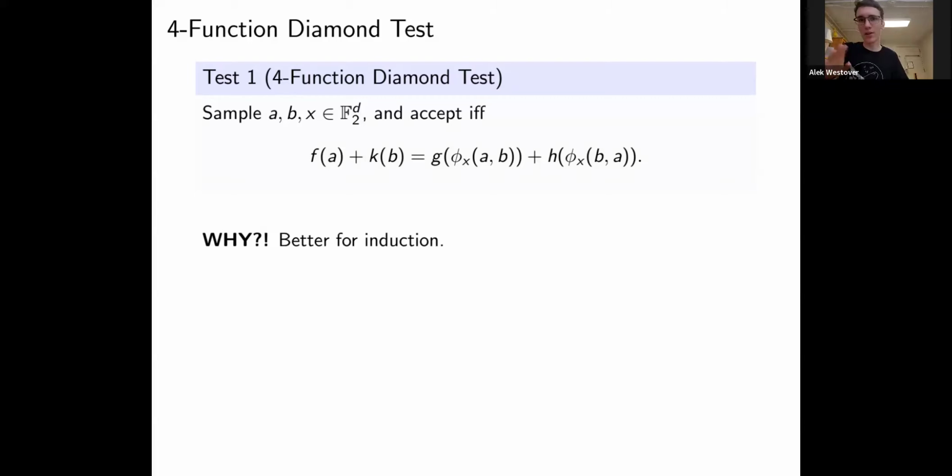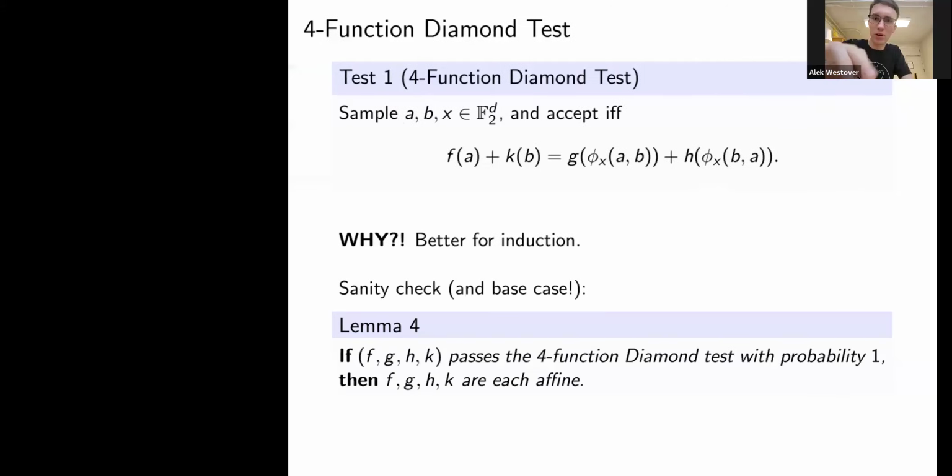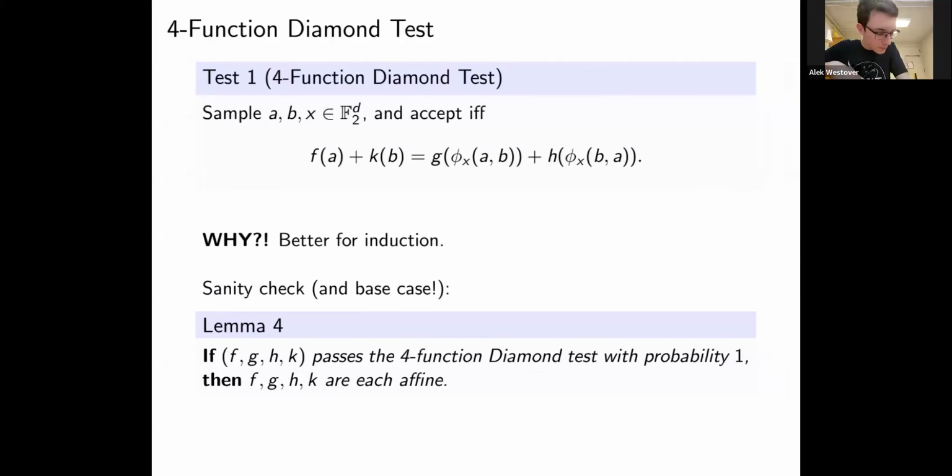And it turns out that the one-function diamond test doesn't have this property. So that's why we're going to need to think about this seemingly much more confusing object. It's because it's going to give us a stronger inductive hypothesis.